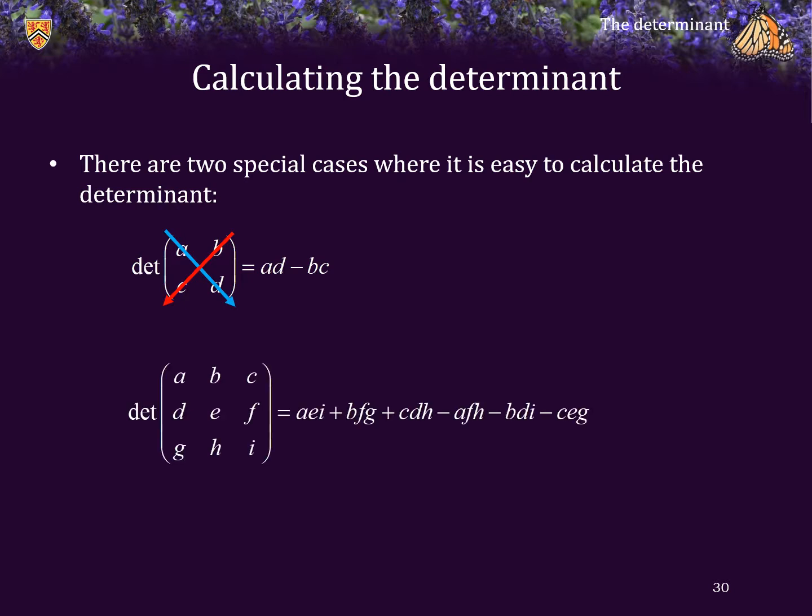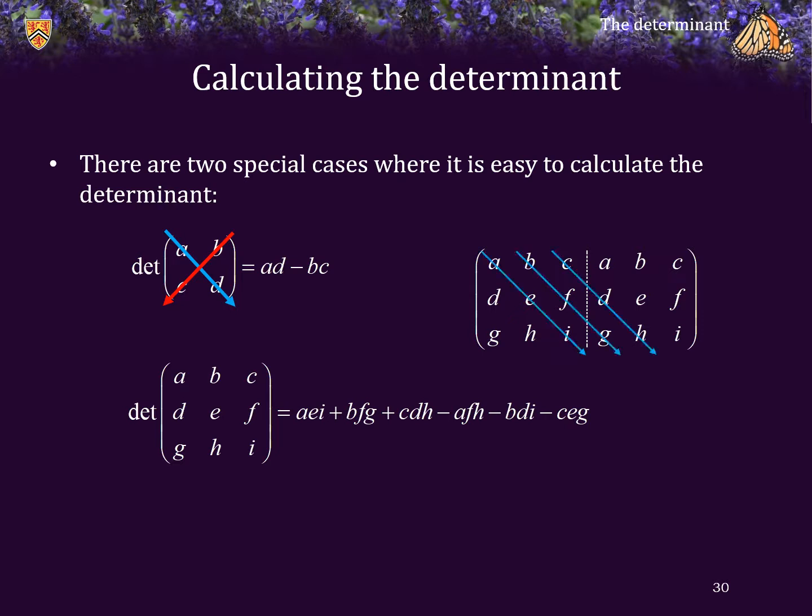Now, the determinant of this 3 by 3 matrix is given by the following formula. We are not deriving this formula. However, you can get this very easily by writing down the entire 3 by 3 matrix twice and then calculating the product of these diagonals.